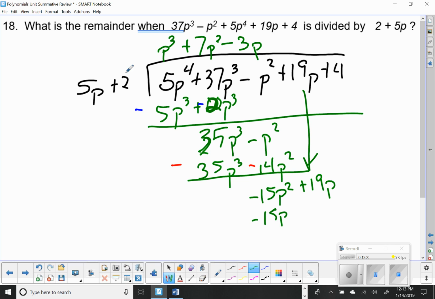Negative 3 times the 5 is negative 15. P times p is p squared. Negative 3p times 2 is minus 6p. I'm going to subtract, which means I'm changing all the signs. 25p, and I've got to bring down my 4.